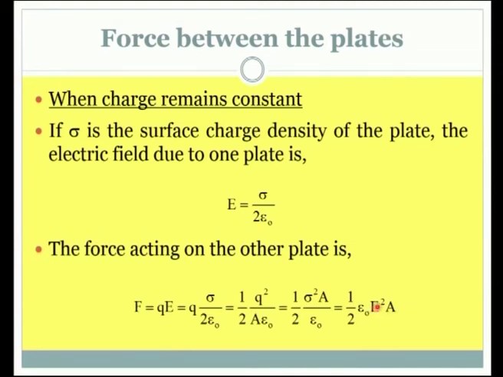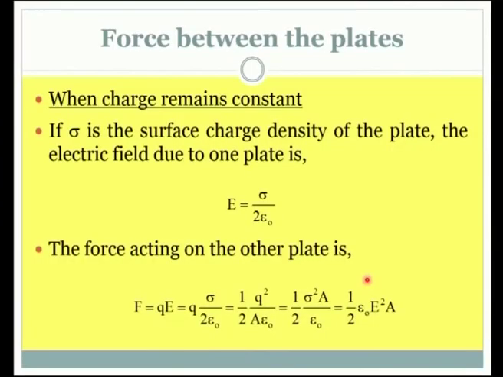What is this E? This E is the electric field that exists between the two plates. So, there are two fields we have to be a little careful with. One is the electric field produced by one plate, that is sigma by 2 epsilon naught, but the electric field existing between the plates is sigma by epsilon naught alone.